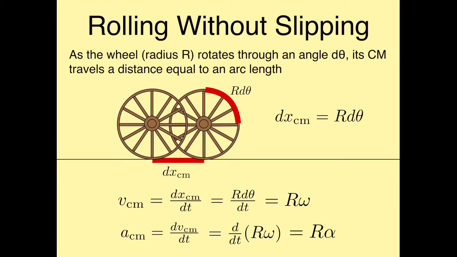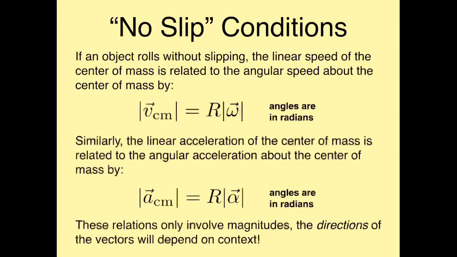So to summarize, we've just derived what are called the no-slip conditions. Okay? If an object is going to be rolling without slipping, then there's a relationship between the linear speed of the center of mass and the angular speed of the rotation about the center of mass. And this is the relationship. We have vcm, magnitude, so we're talking about a speed here, is equal to r times omega.